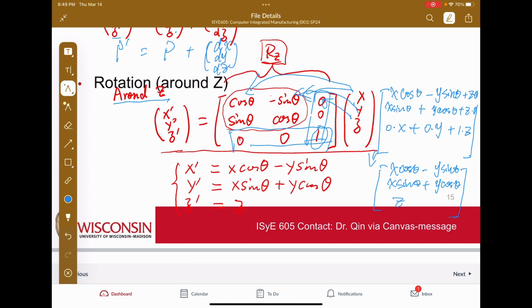Because you rotate around z, z should be the same. So you will see the z is the same, and the x and the y are just equal to what we have in the 2D rotation. So this is the rotation around z.